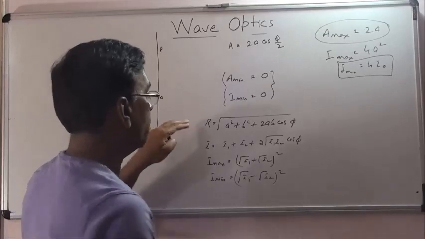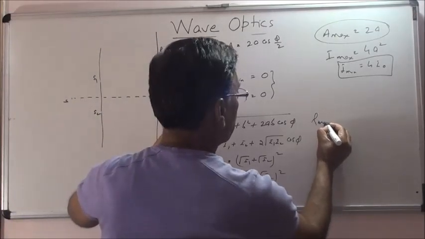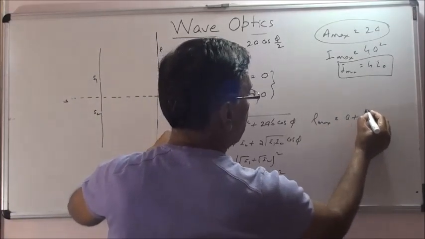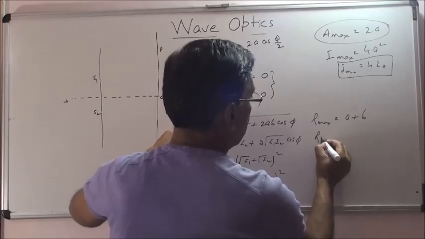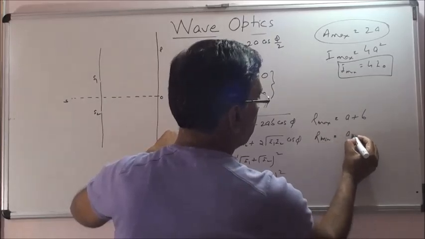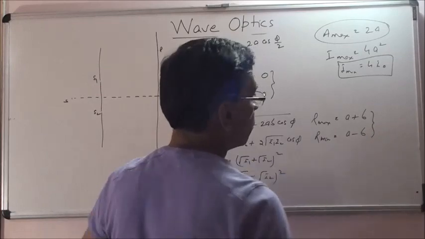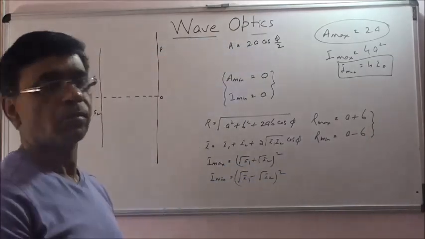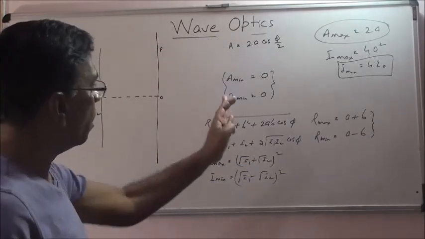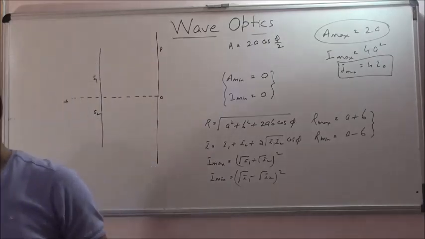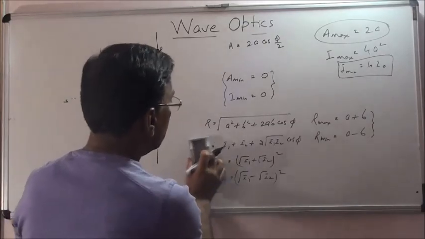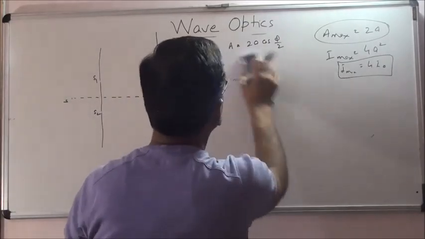We can work it out from maximum and minimum amplitude too. R maximum will be A plus B, and R minimum will be A minus B. We can derive this expression also, not very difficult.